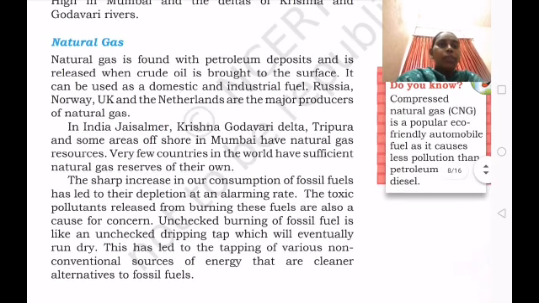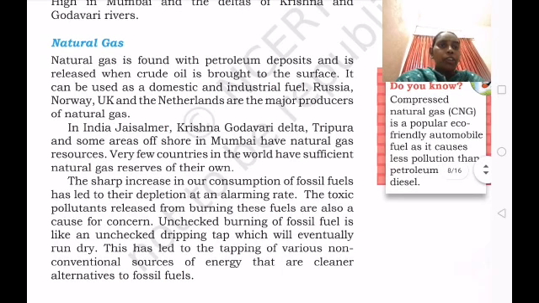This has led to the tapping of various non-conventional sources of energy that are cleaner alternatives to fossil fuels.